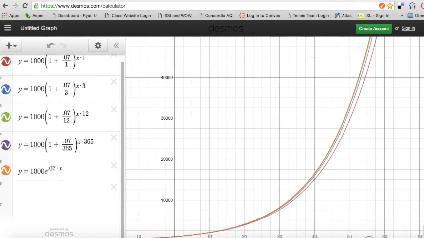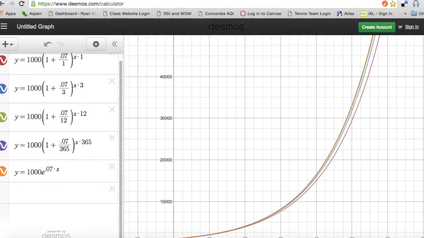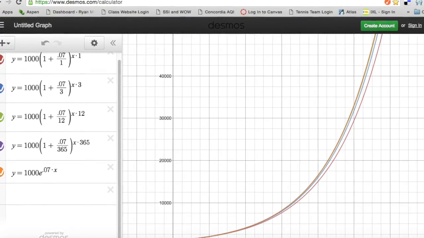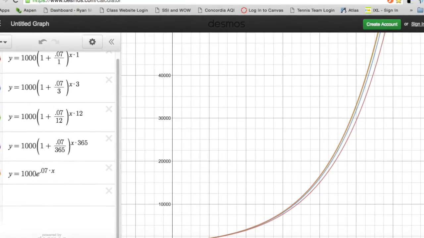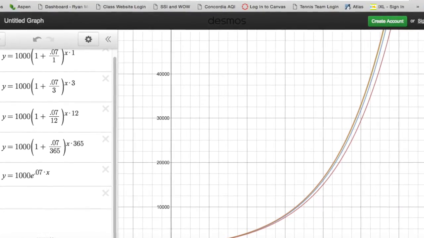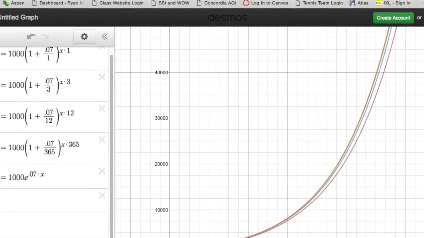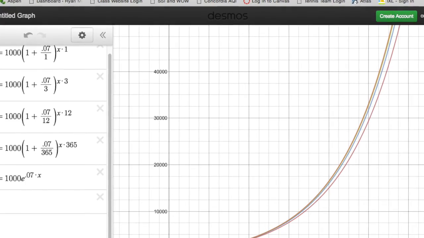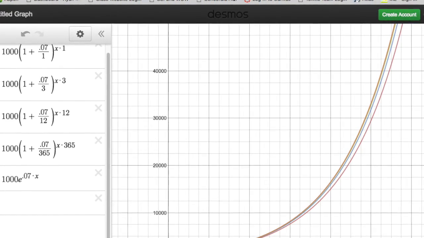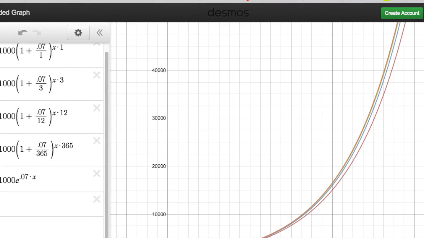Lastly, I put all of the different compounds into a graph just so you can see what they would look like. First one being yearly, second one quarterly, third one monthly, fourth one daily, and last one continuously. They're all pretty similar, not much of a difference, but each time your money is getting a little bit stronger, showing that the more you compound it, the better it is.